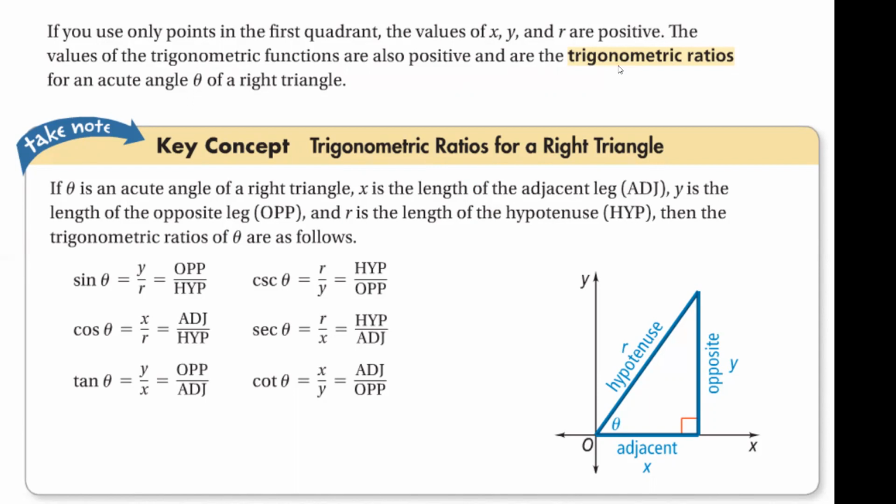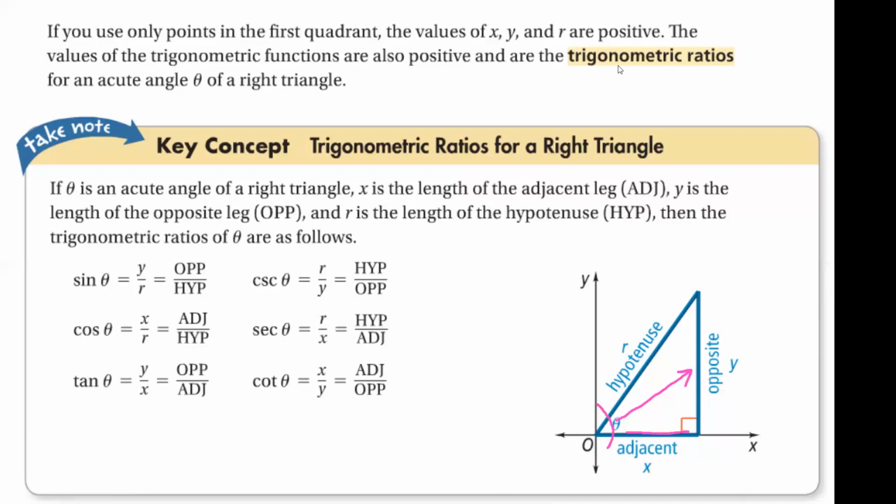So I look for the longest side; this is the longest side, so this will be the hypotenuse. The hypotenuse will not change, but the opposite and the adjacent will change. If this is my angle theta, this will be the opposite side.